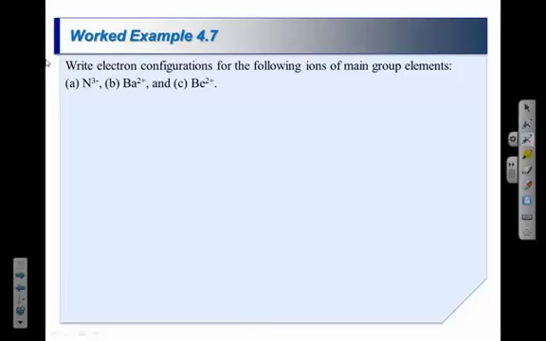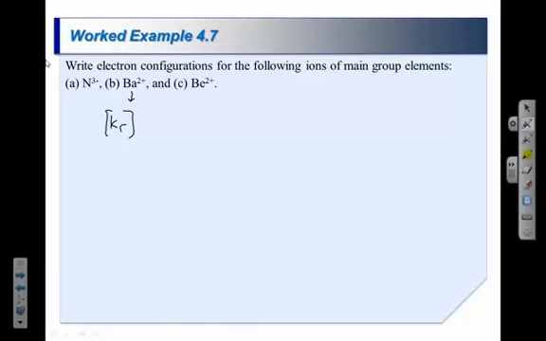So let's just do a couple electron configurations. I might ask you a question like this. Let's do the barium 2+. So for barium, it has 56 electrons. So I don't want to go all the way back to the beginning, so maybe I'll just start with Kr.